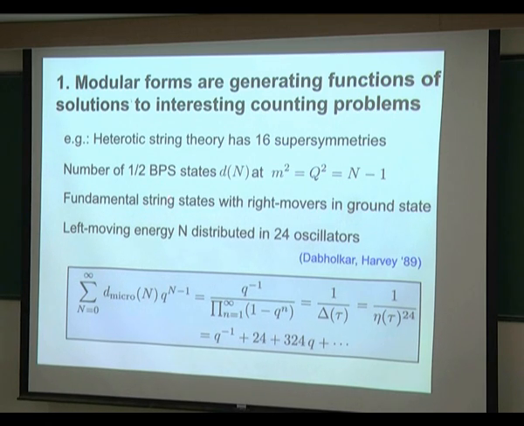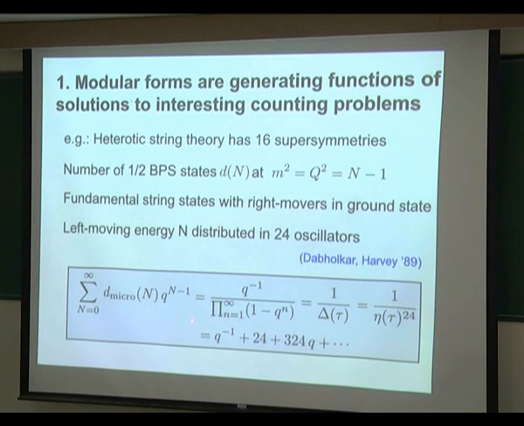Then all you have to do is excite the left movers with some oscillator number n, and the question simply becomes how many ways are there to distribute the number n into 24 oscillators. 24 is the number of fields in the spectrum of the left moving heterotic string, and that answer is very easy. We've all seen it.